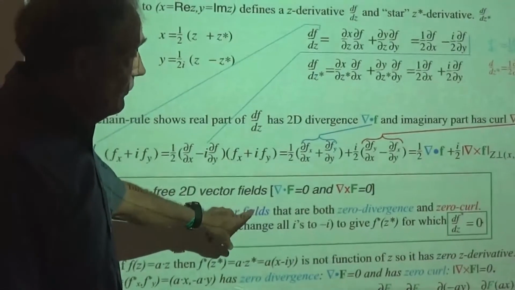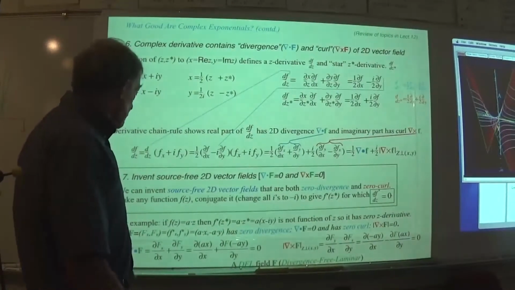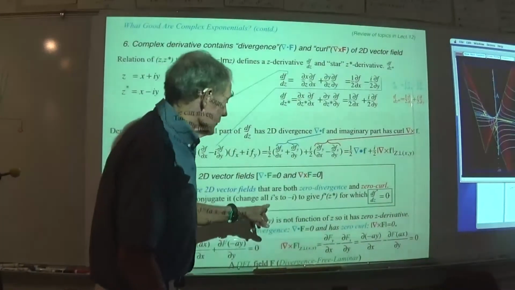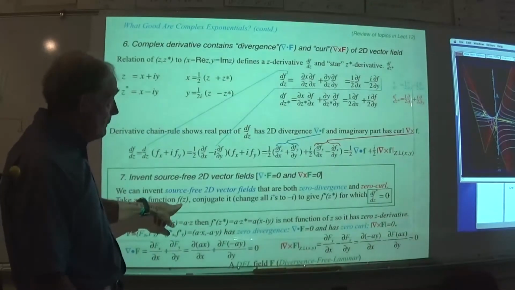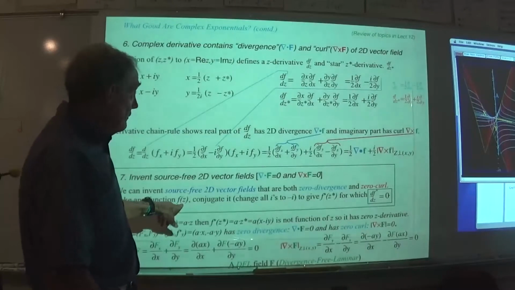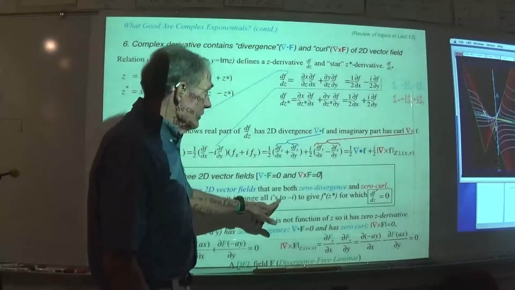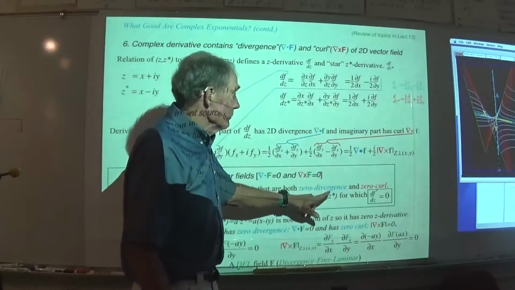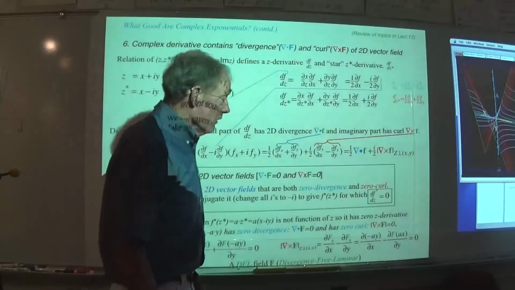But anyway, before we got into potentials, we just made sure that the field that we get by picking the particular f of z, as I say, just choose an arbitrary function f of z, and conjugate it. Change all the i's to minus i, so that you're plotting f star versus z star, really.